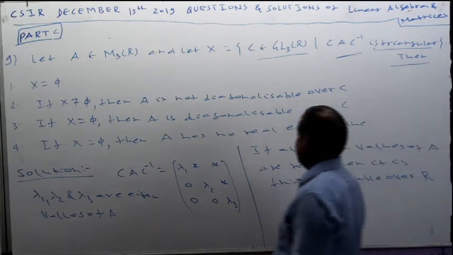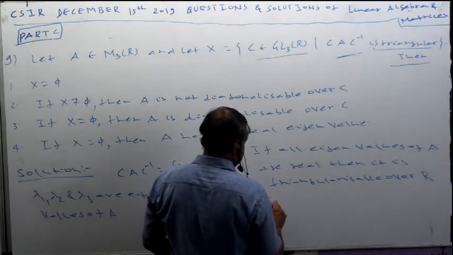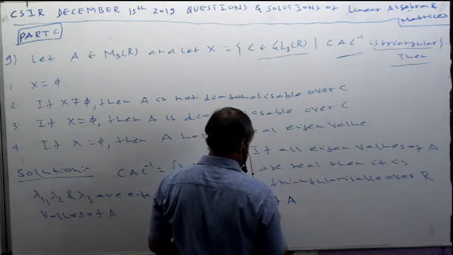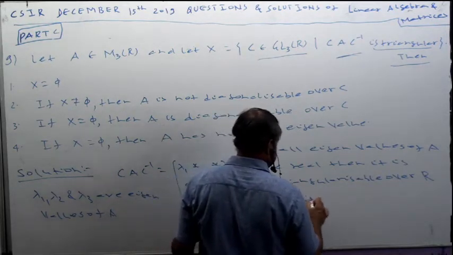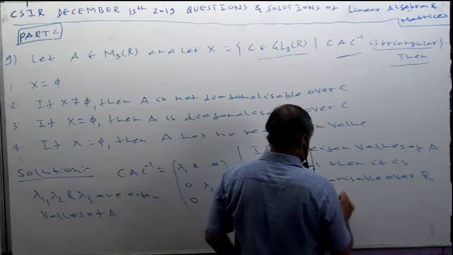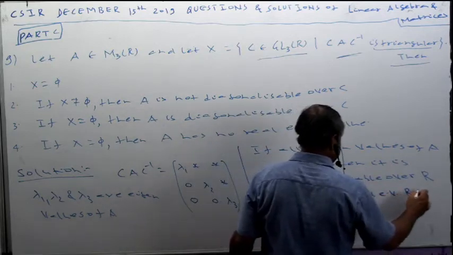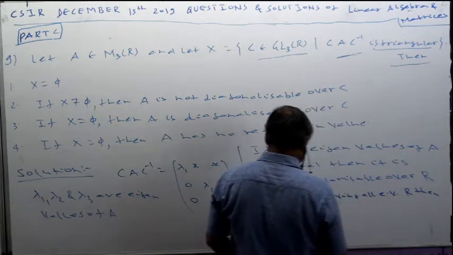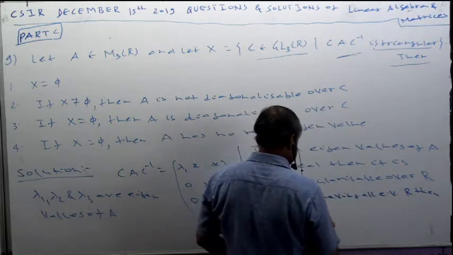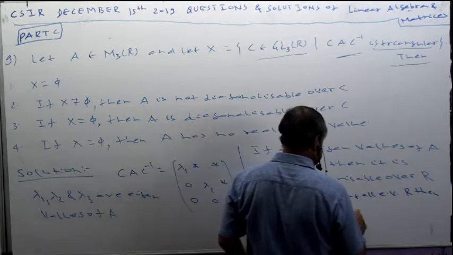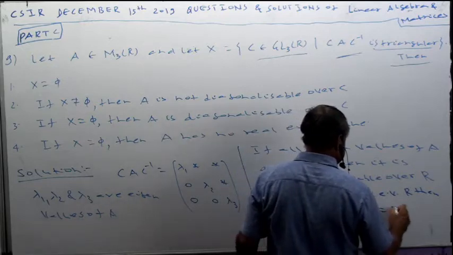So now see. If A has all eigenvalues real, then X is a non-empty set. Else X is the empty set.